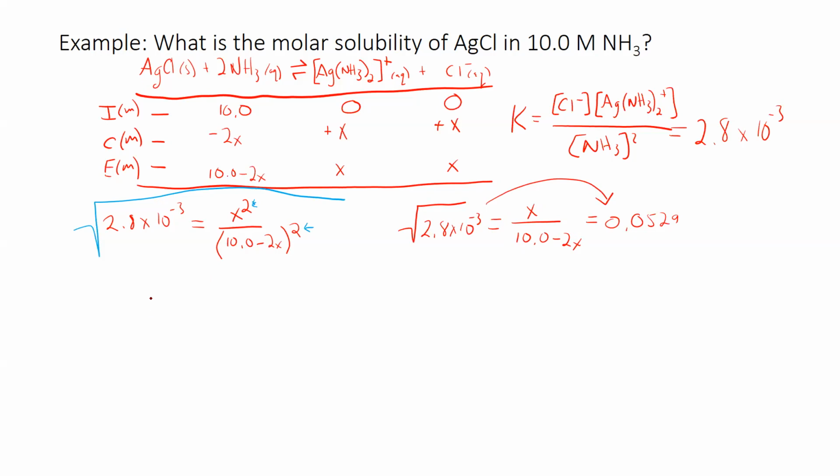And so we can multiply each side by 10 minus 2X, and so you wind up with 0.529 minus 2 times that, so 0.1058X is equal to X. And so you can say 0.529 is equal to 1.1058X.